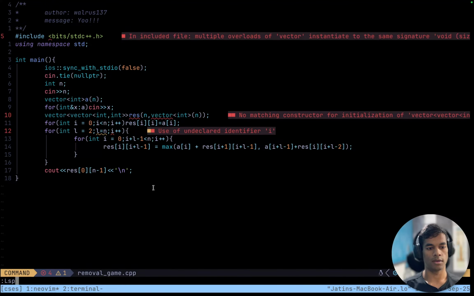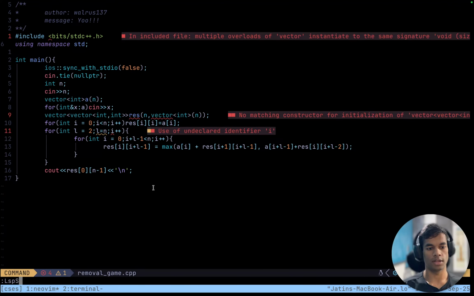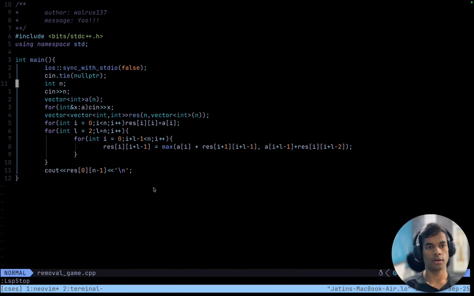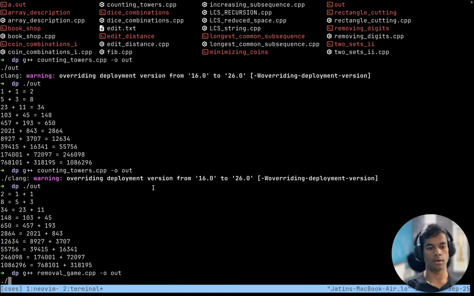The log size is pretty big, but that is not a problem. We're using clang.